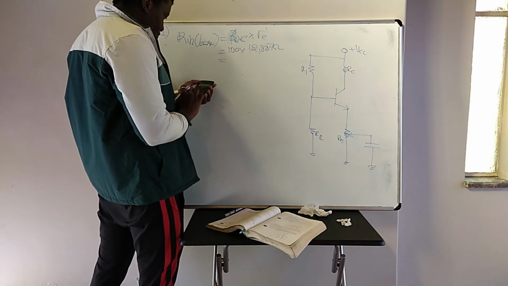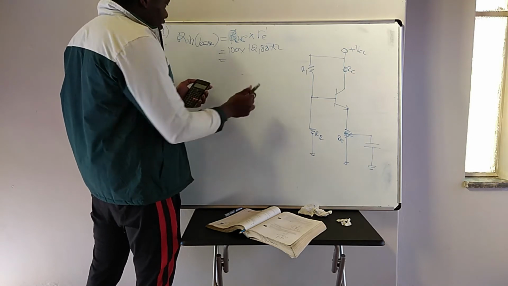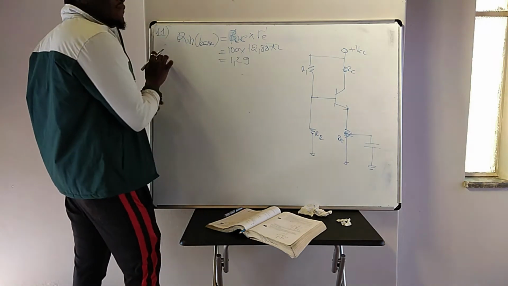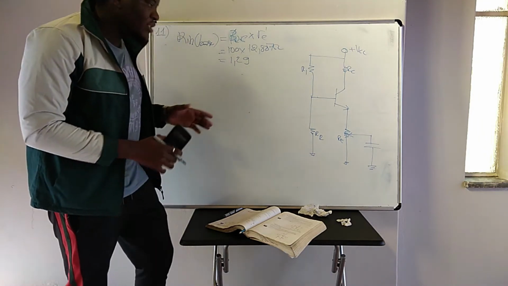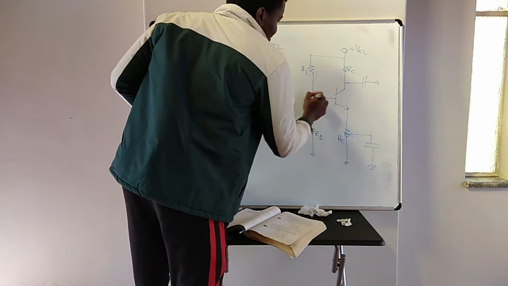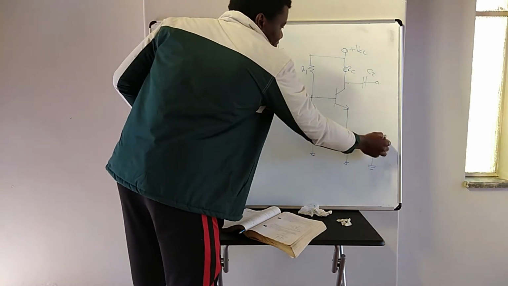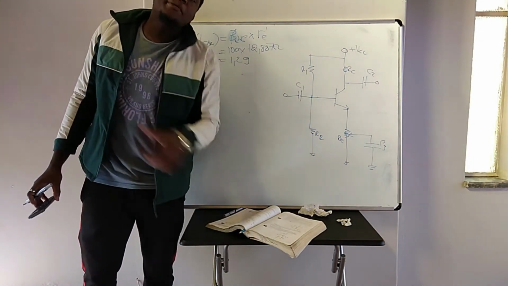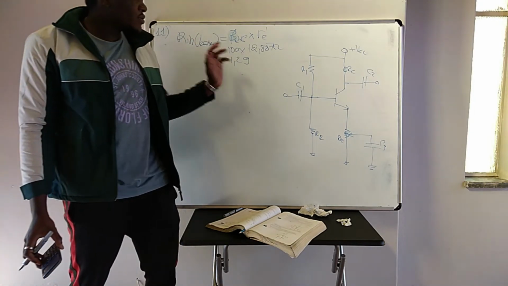Now I got 1.29. This is question 11. So what I did before, in that previous video, I think I solved this question number 11, because I considered a bypass.